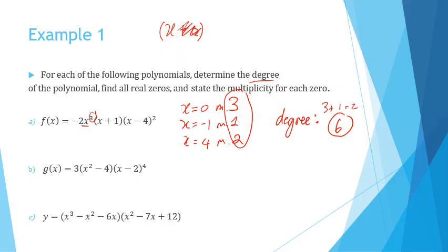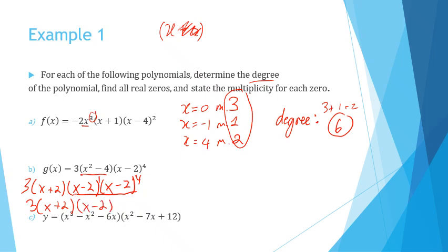Taking a look at B, we see a difference of 2 squares. I'm probably going to want to factor that. So we have x plus 2, x minus 2, and then we have x minus 2 to the fourth. We could almost rewrite this by combining these two into a single x minus 2.